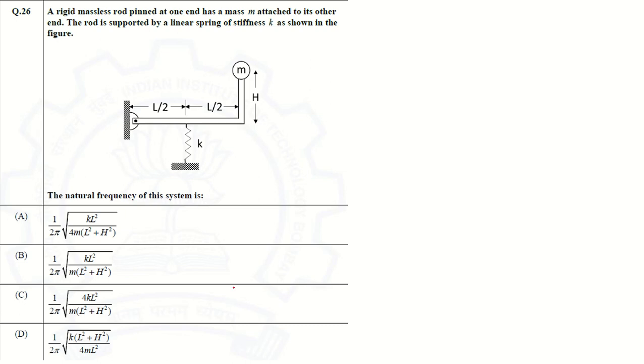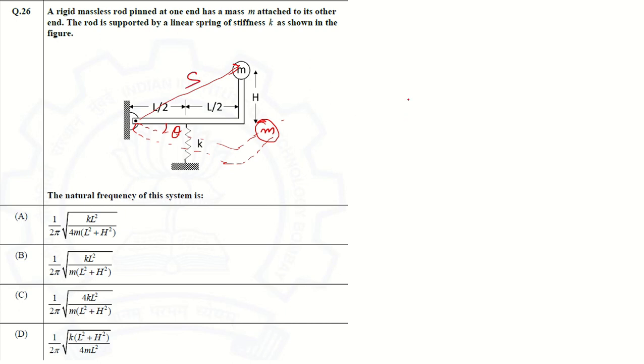The natural frequency of this system is... So this one is given, and if this one is vibrating like this, with this angle, theta, and from here to here, this distance is s, right?